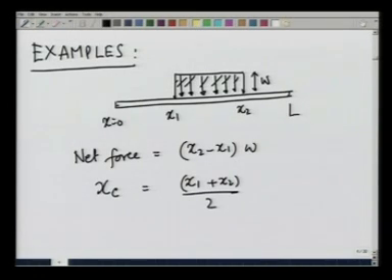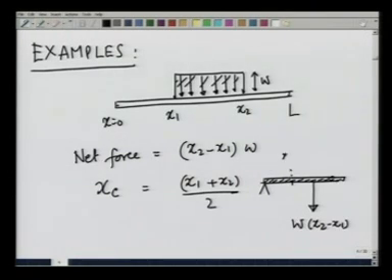Therefore, I can replace this entire force or represent this entire force like this. This is the beam, this is where it is hinged. The net force is of the amount W (x2 minus x1) acting at a distance.